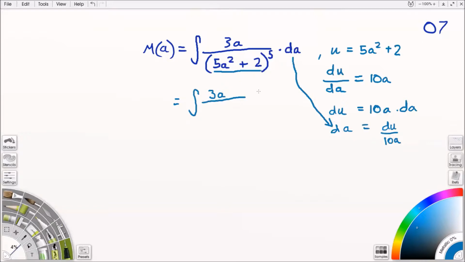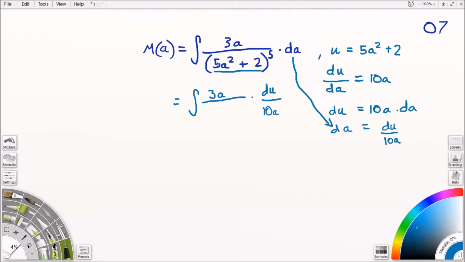I'm going to leave this underneath for now while I explain this. We've got du over dA. And as you can see, if we were to multiply these together, the denominators would come together and we'd be able to cancel out the a terms here. Oh, what have I done? Sorry, that's actually 10a. So yeah, we can put this in place of the dA now to get rid of both a terms.